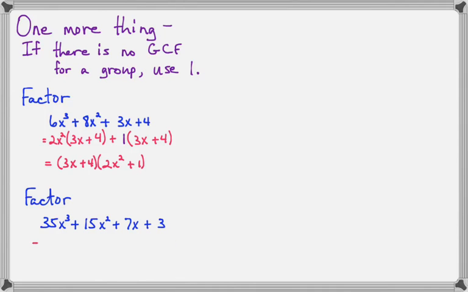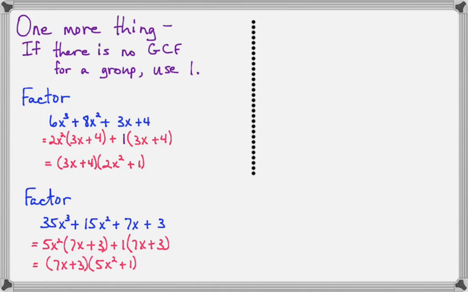So if I factor the 5x squared from the first two terms, that's going to leave us 7x plus 3 in the parentheses. Now these two don't have a common factor, so I'll still put them in parentheses, but just put a 1 in front of them. Now factor out the 7x plus 3, and that will leave 5x squared plus 1 in parentheses.